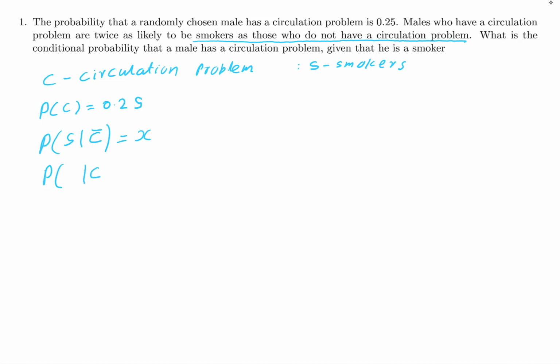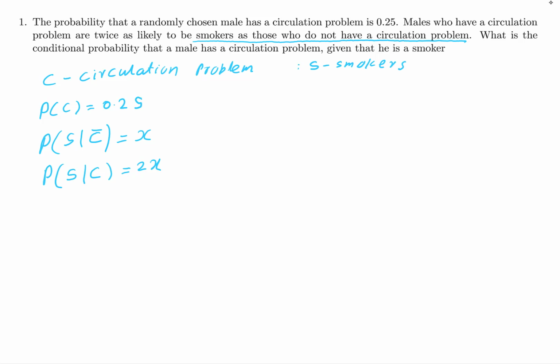Therefore, this should be S given C, and that equals twice this one, so 2 times X. So those two are the conditional probabilities.